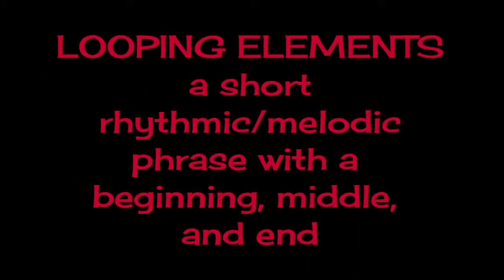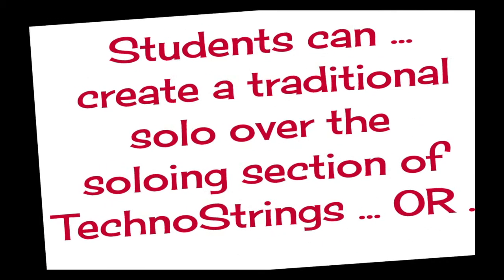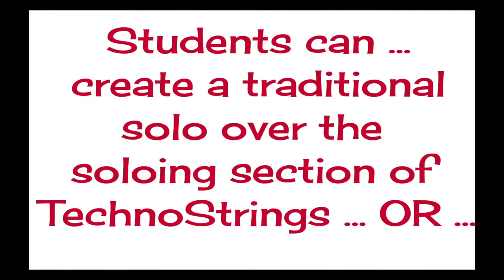So when you approach creating a sumptuous loop, you've got to deal with the same elements that any artist has had to deal with over time: melody and rhythm, and how to create a cohesive idea in 4 beats, in the case of the score TechnoStrings, that is interesting enough that it can bear being repeated a number of times and then layered over.